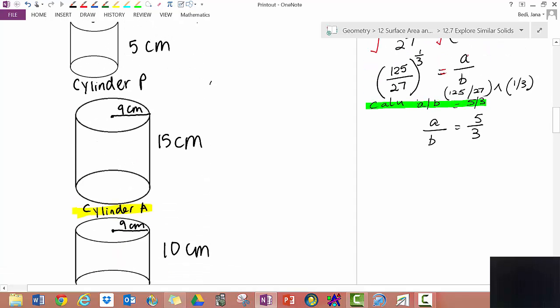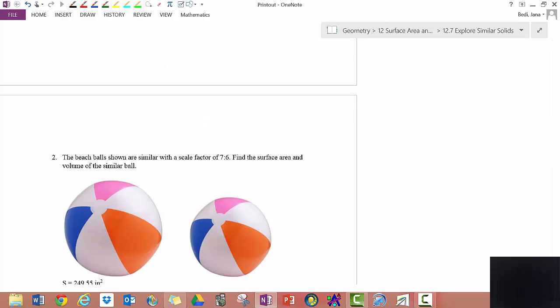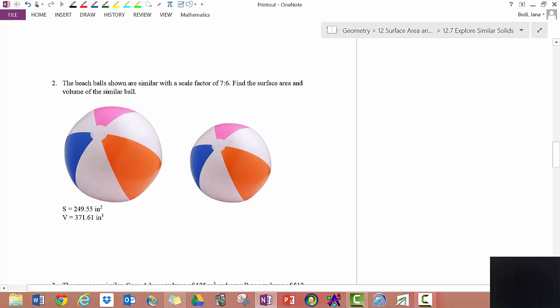Oh, these are very nice looking beach balls, and they say they are similar with the scale factor. So I find the surface area of the similar ball. So you do need to know, I believe, no, you don't need any other information.